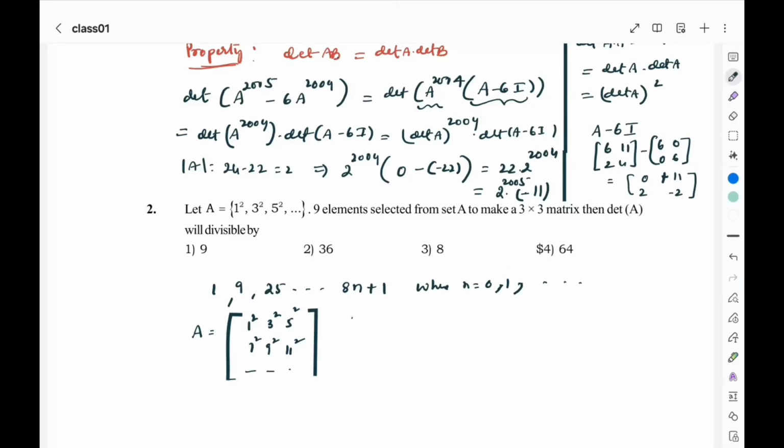If I apply C2 replaced by C2 minus C1, one element is of the form 8n plus 1, the other element you can write as 8m plus 1. The difference will be a multiple of 8.